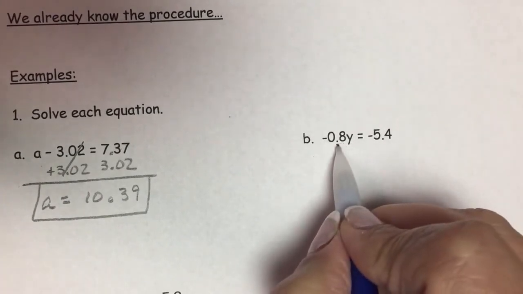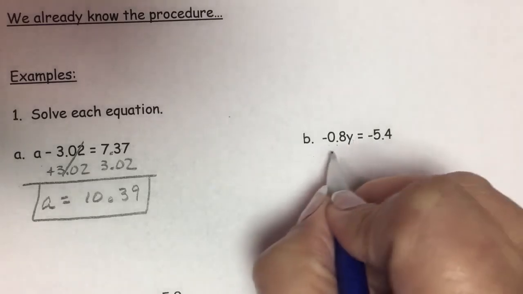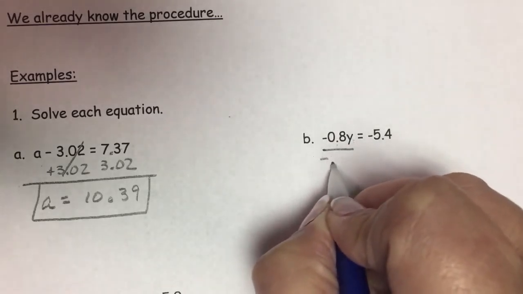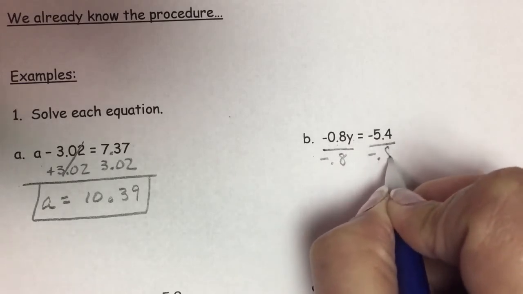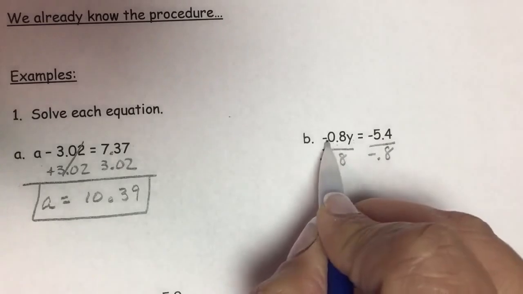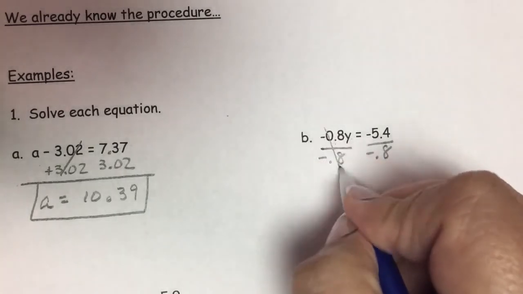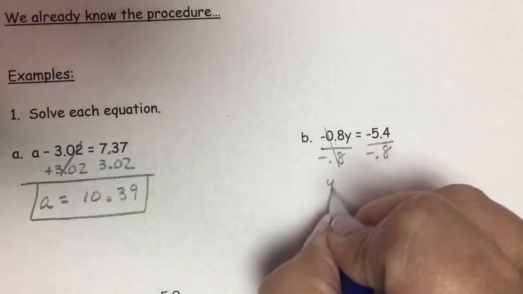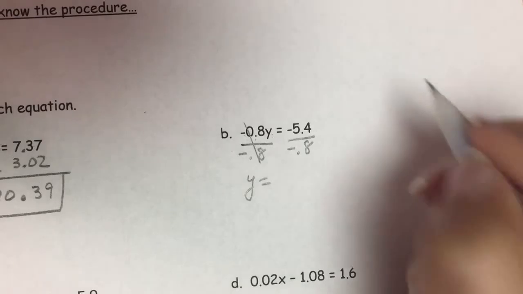Look at this one. It's a one-stepper. What's happening between negative 0.8 and y? They're being multiplied. I undo that by dividing by negative 0.8. And of course that 0 doesn't have to be there. You can put that there if you want to. So these will cancel. Y is going to be equal to, all right, now we got to do a division problem here.